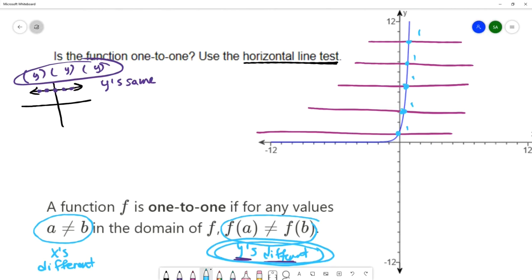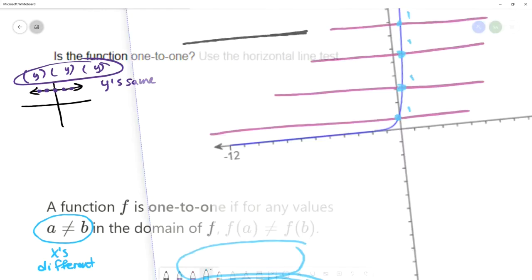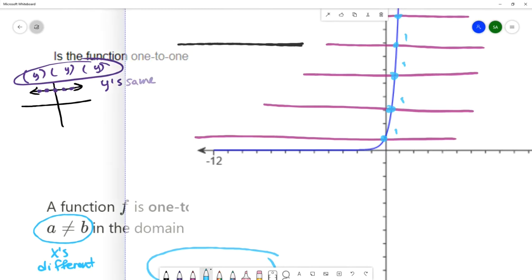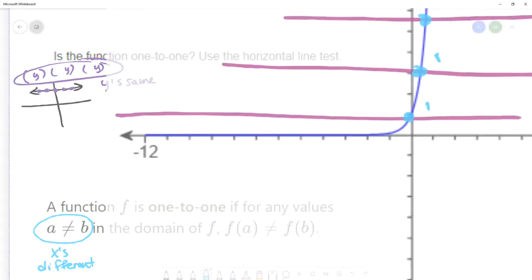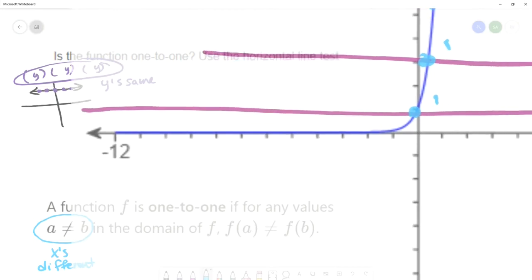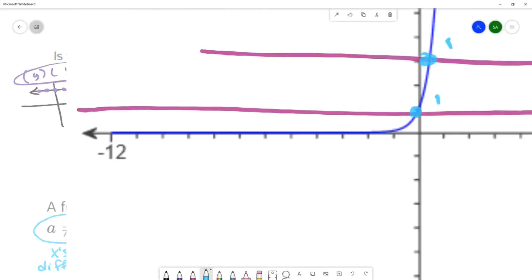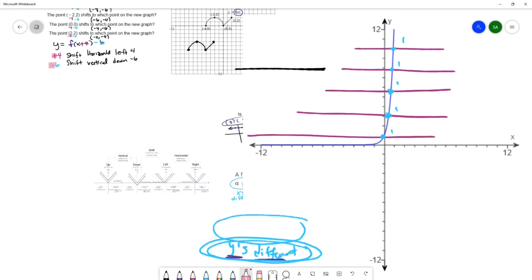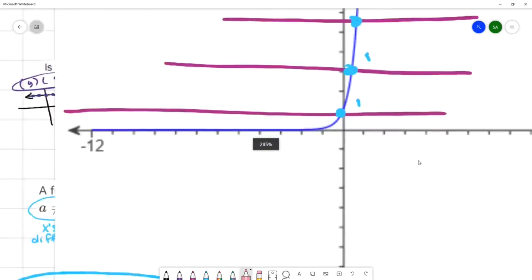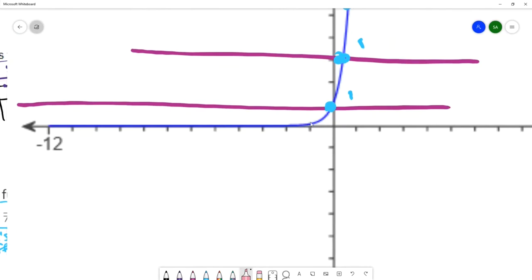Now, it may be a little bit confusing if we focus in on this part of the graph, because it looks like the graph turns into a horizontal line as we get closer and closer here.